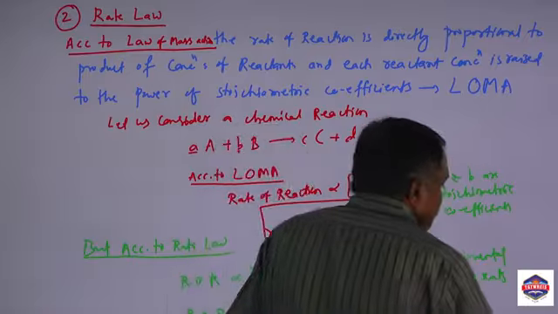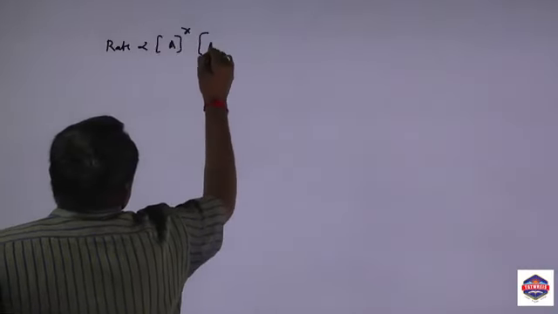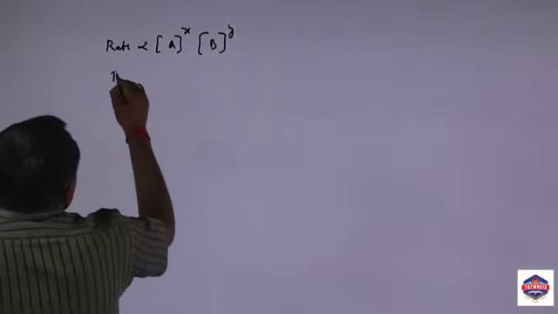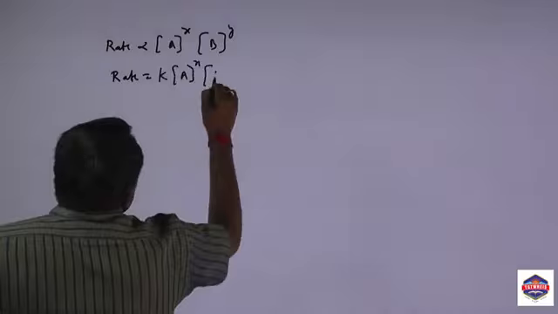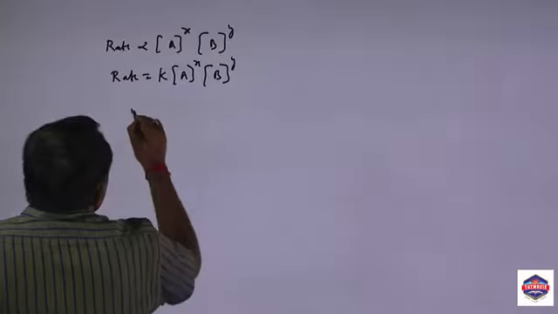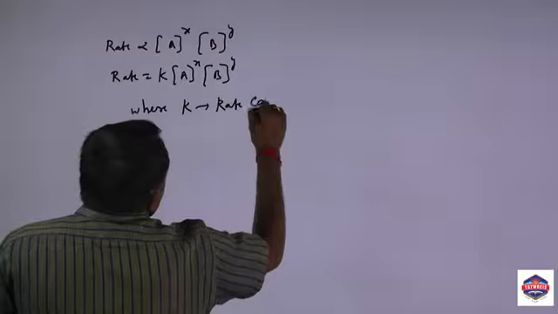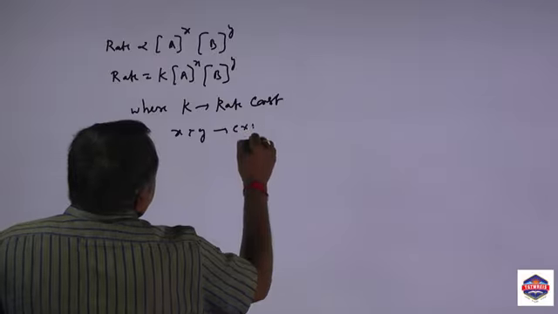So from rate law, rate is directly proportional to [A]^x and [B]^y. So rate is equal to constant k into [A]^x and [B]^y, where k is the rate constant, and x and y are the experimental coefficients.